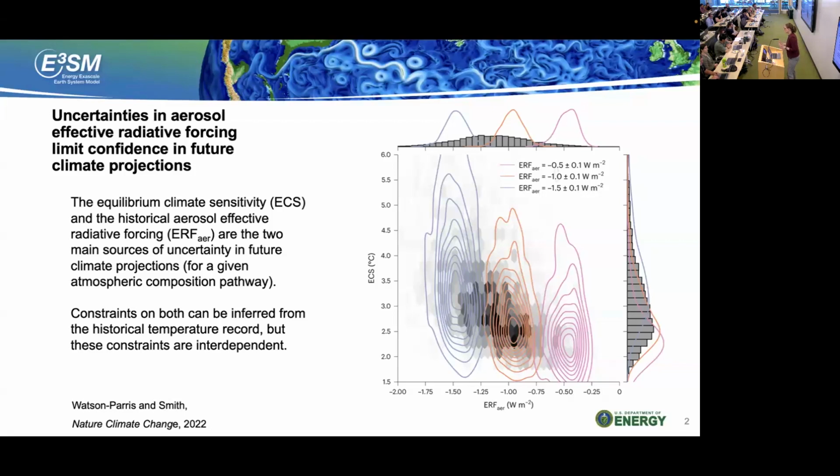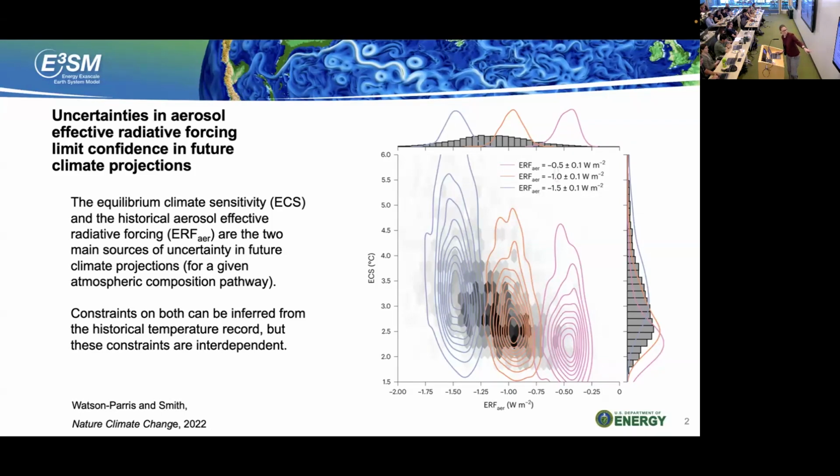The two of these together determine to a large extent the path that the historical temperature record takes. And so the historical temperature record provides a joint top-down constraint, in terms of the energy budget, on these two terms. So this is a figure that shows what some of the implications are of that.